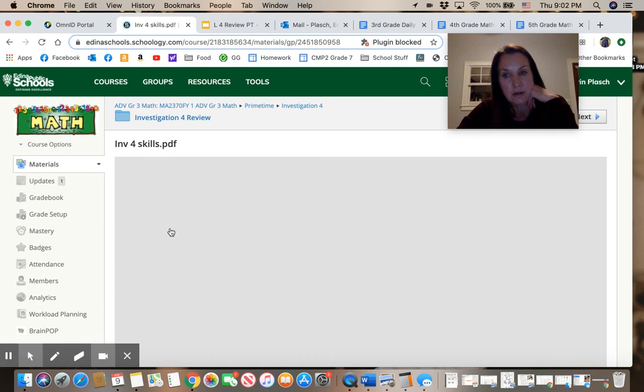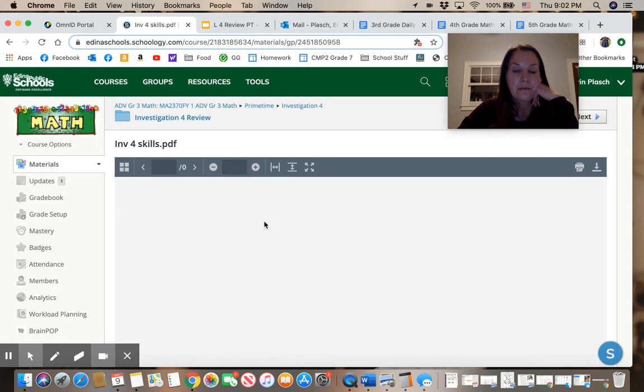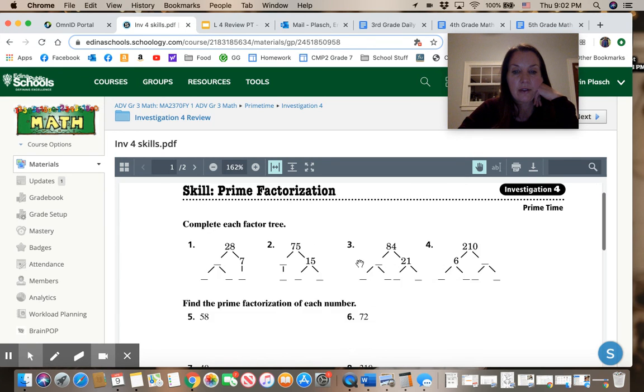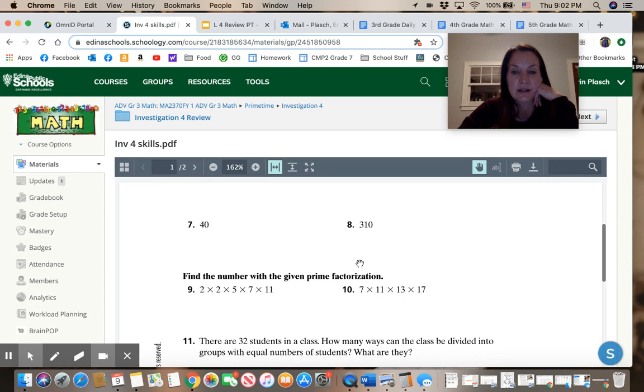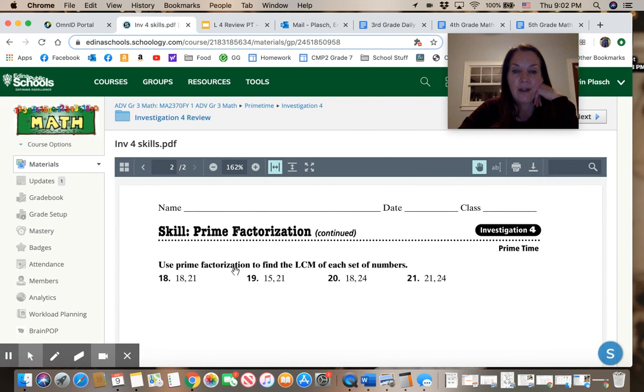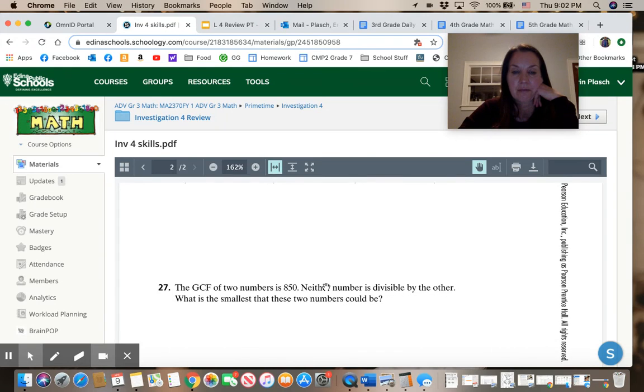You do not have to do this. This is loading. It takes a while. And again, you can print this. It's just another worksheet that would be practicing prime factorization and finding LCM and GCF.